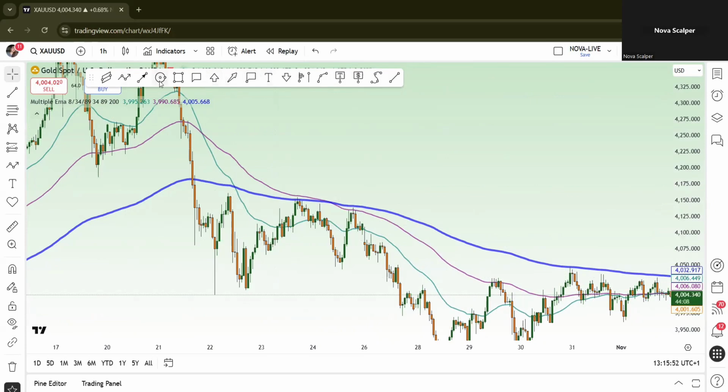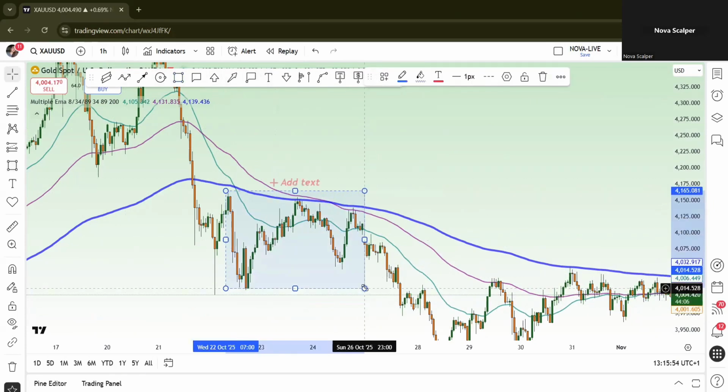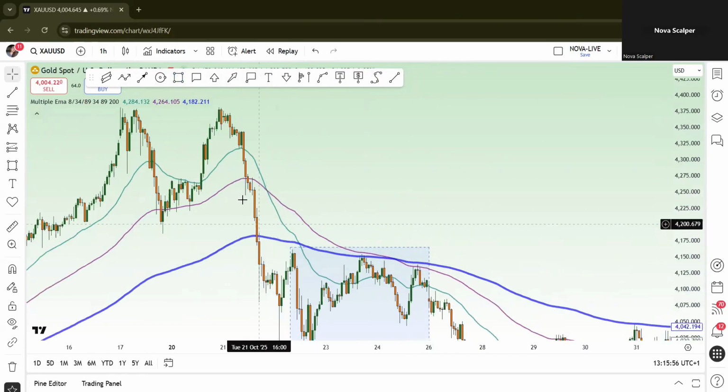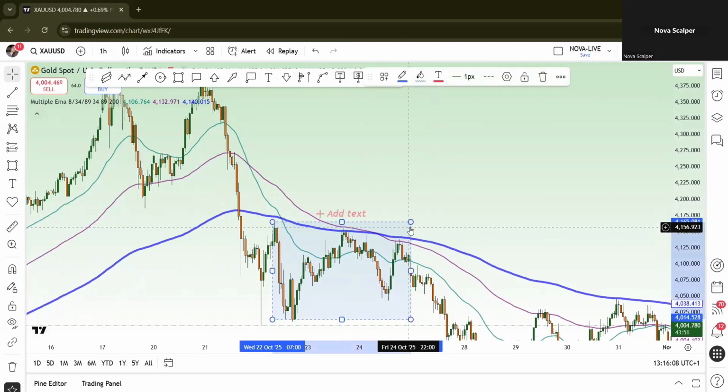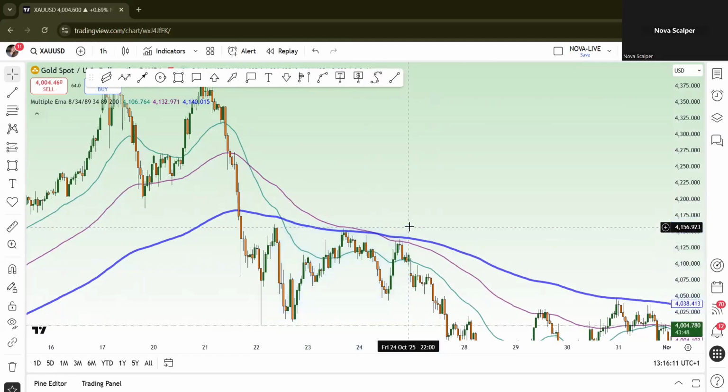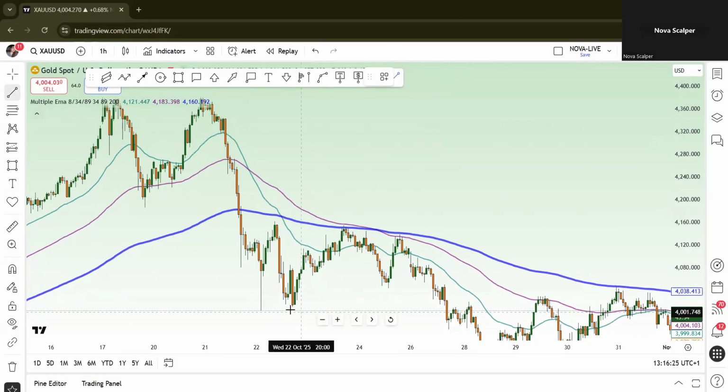Okay, let's start with this one, this period. This is when the market was moving sideways after a drastic drop in momentum at the end of October, right? When we identify the sideways period of the market, even though it's moving in a sideways range, gold is still forming higher highs and higher lows, but in a narrow range.